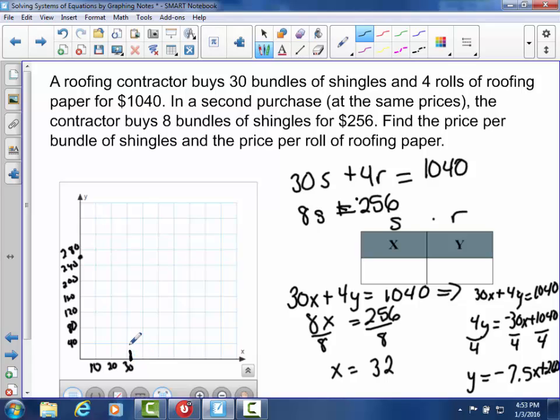Okay, so my one line is just the vertical line, x equals 32. Right, that's one line. And then we'll be decreasing this way by 7.5. So at 10, our x equals 32 line. And then this would be 260, and we're decreasing by 7.5. So at 10, that would be 75.